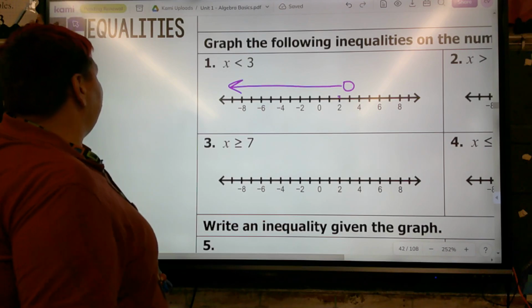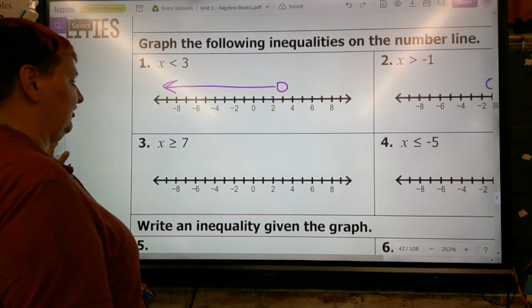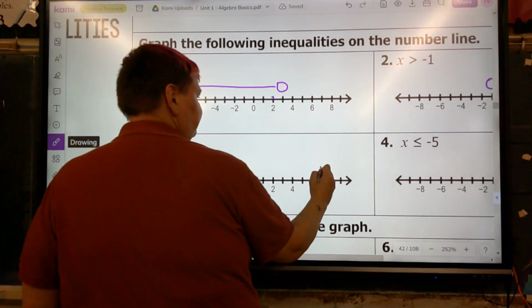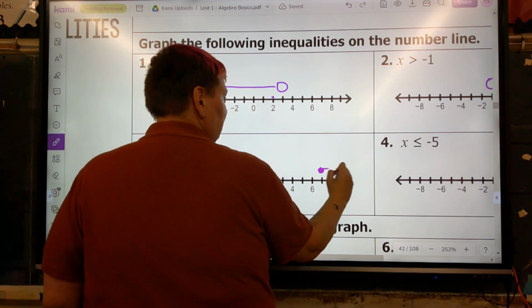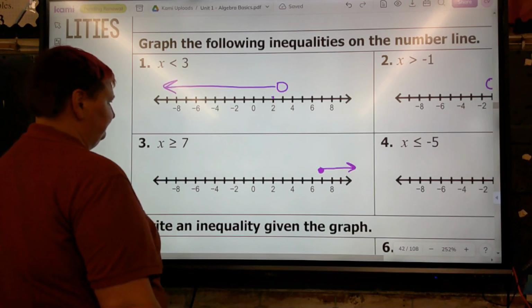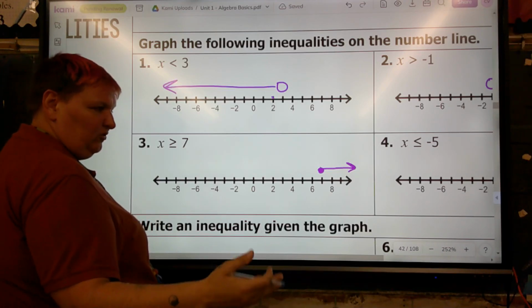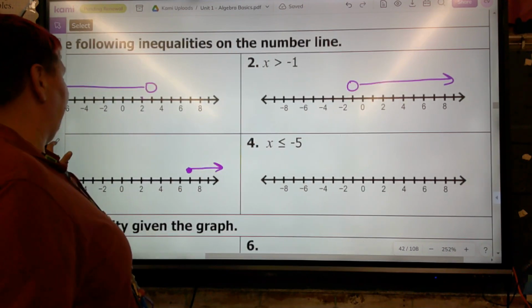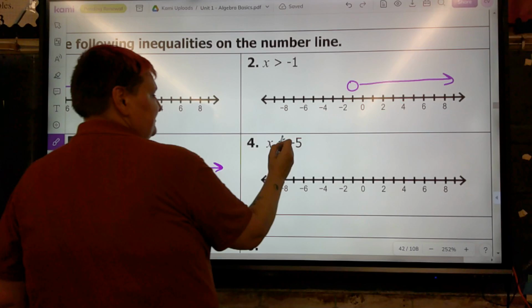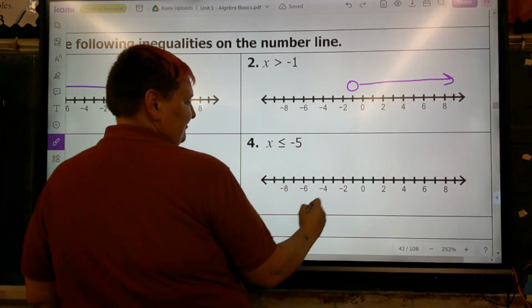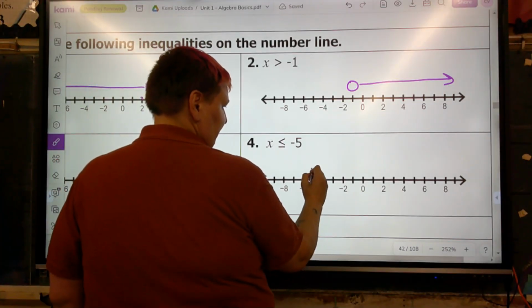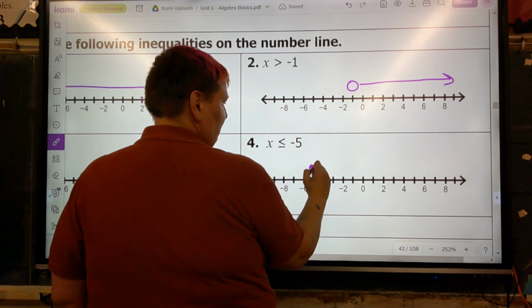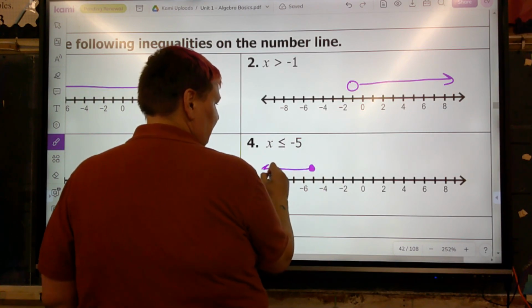If it's greater than or equal, we use a closed circle, and we go to the right, because it's greater than or equal to. And 4, X is less than or equal to -5. So we find -5, which is here. We put our closed circle, and it's less than, so we go left.